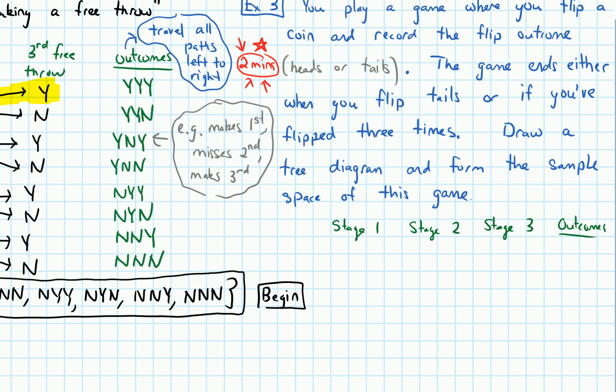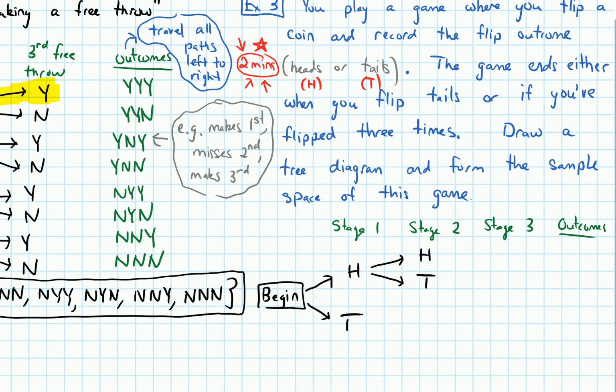So when we flip the coin the first time, either we get heads, which I'll call H, or tails, which I'll call T. And then if we had flipped the tails, the game says, okay, the game is over. But if we had flipped heads first, the game would continue, and we'd flip again, and we'd either get an H or a T. And if we'd gotten a T, well, the game is over.